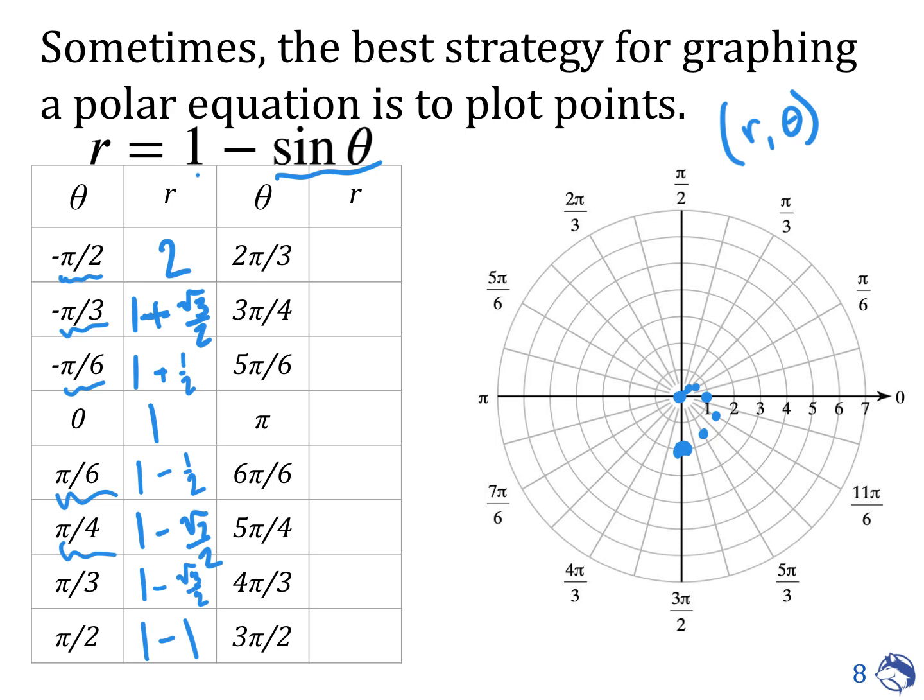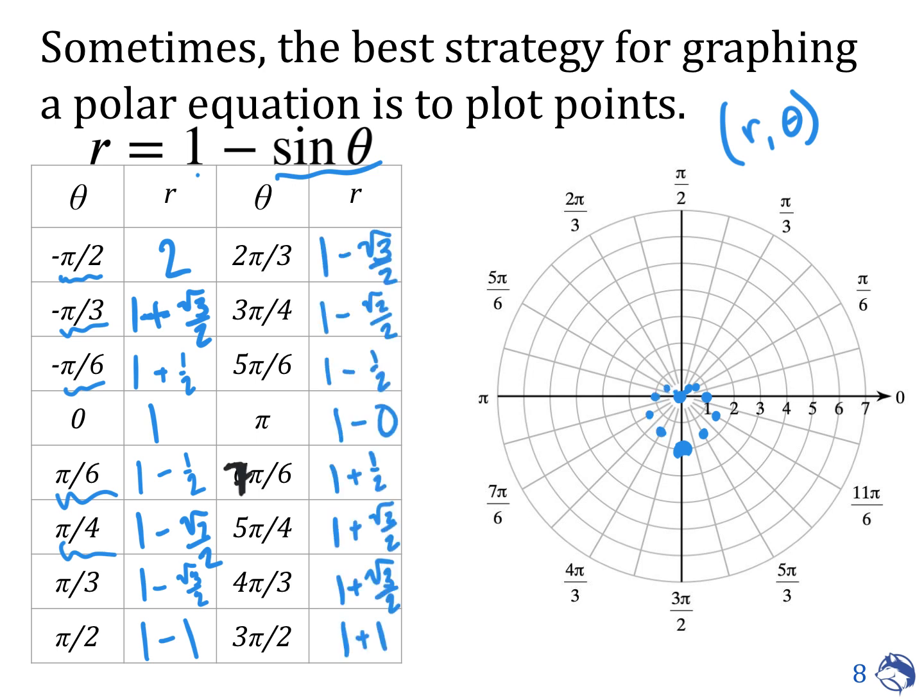I'm going to pause the video so you don't have to watch me struggle through all of this, but it'll look like this. I've got those points in there, and then I'm going to draw the shape, which looks like that.